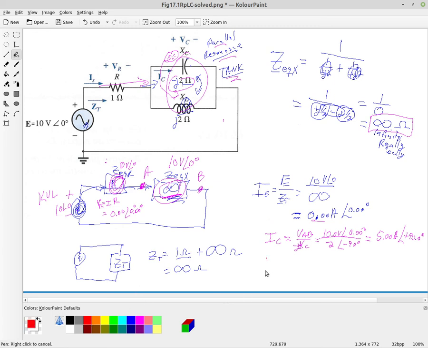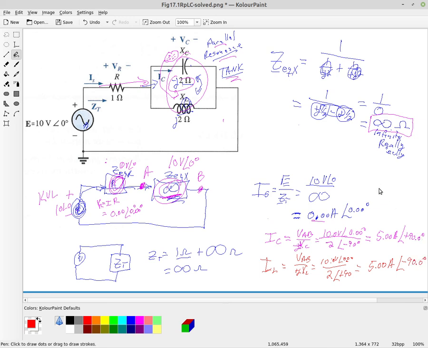And if we look at the current in the inductor, we're going to have VAB divided by plus JX of L, which is 10 volts angle 0 divided by 2 at an angle of plus 90. So the current through the inductor is also going to be 5 amperes, but at an angle of minus 90 degrees.